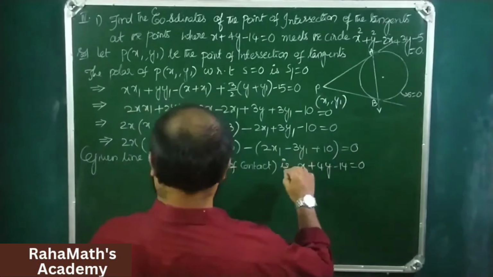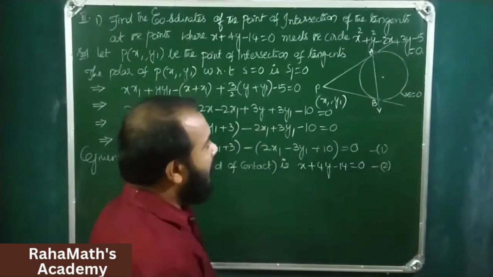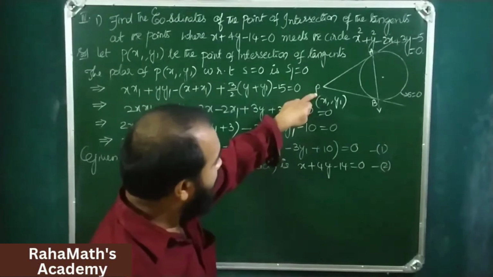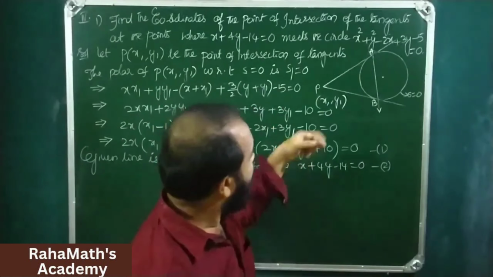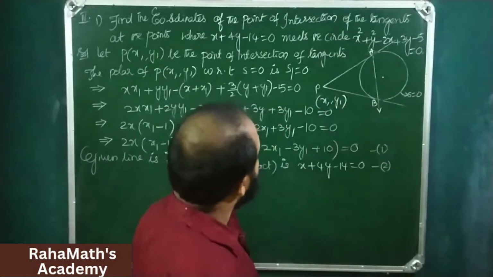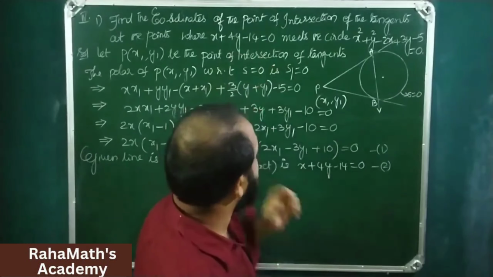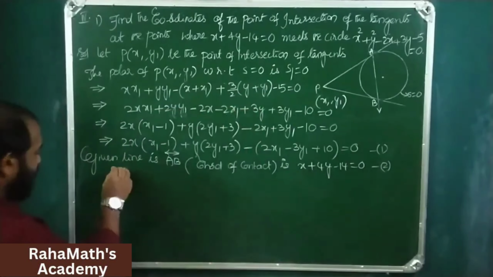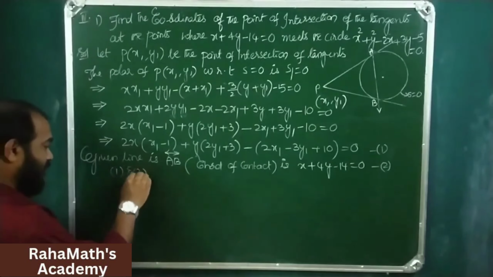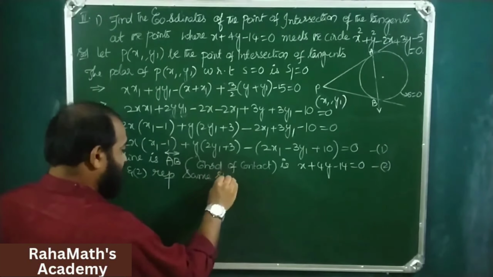This is the second equation, and that is the first equation. Both are the polar of P with respect to the circle, and the polar is given as x plus 4y minus 14 equals 0. So equations 1 and 2 represent the same straight line.